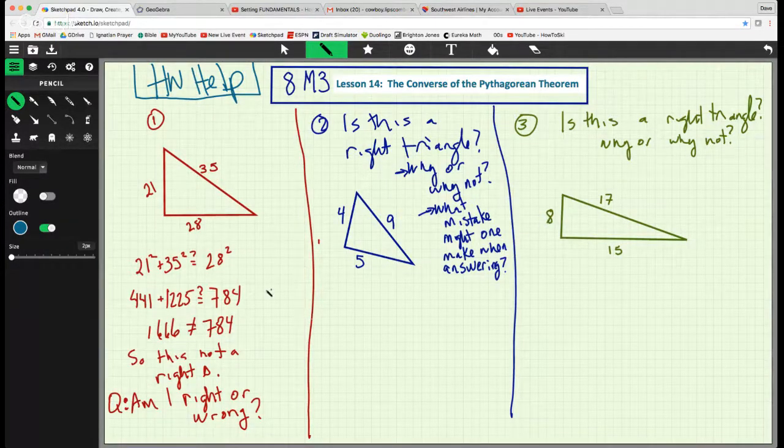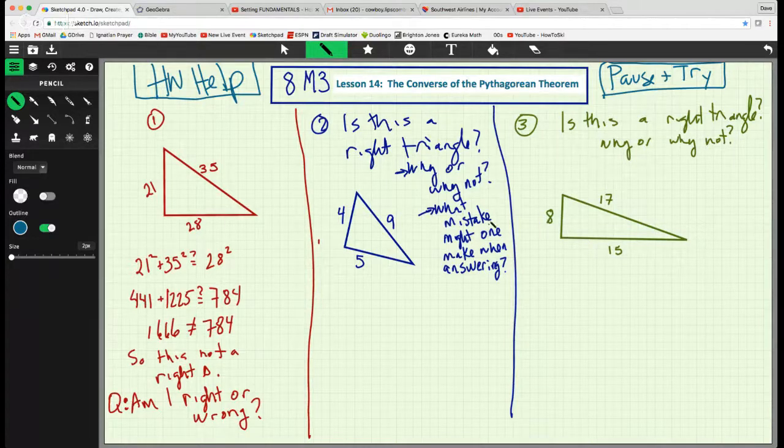Now your job is to look at these 3 problems, pause, and try all 3 of these. In the first one, we might be trying to trick you, so be careful.